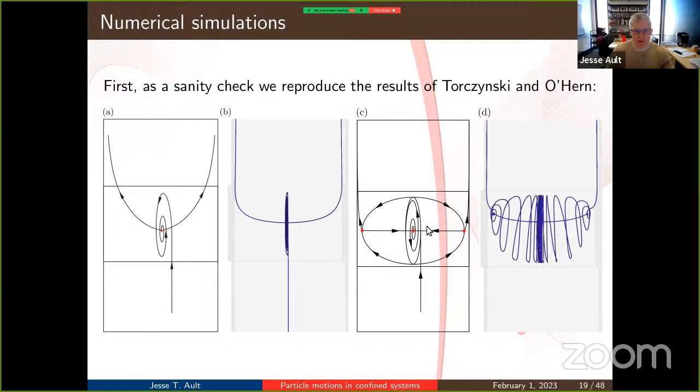Once you reach above whatever the critical transition is, these outer stagnation points actually emerge from the center plane along with this orbit. And this orbit is actually stable on the center plane.